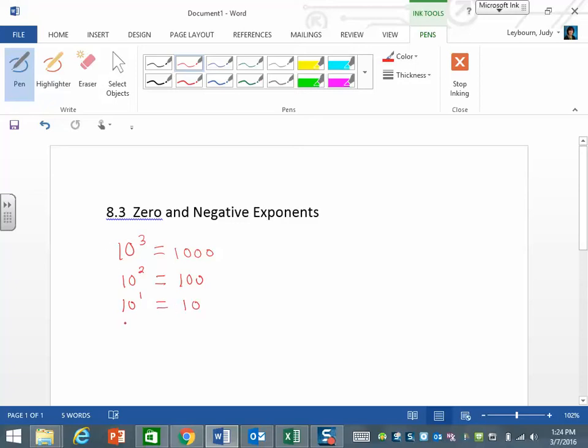And so likewise then, 10 to the 0 would be 1. If we divide 10 by 10, we get 1. 10 to the negative first would be 1/10, either as a fraction or a decimal. And 10 to the negative second would be 1/10 squared, which would be 1/100th.